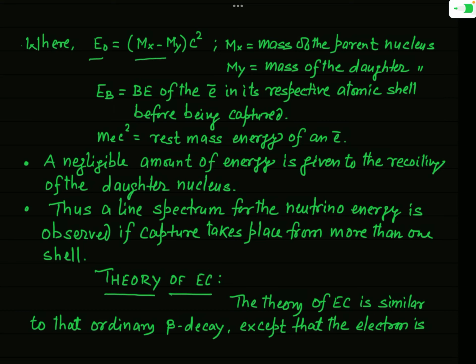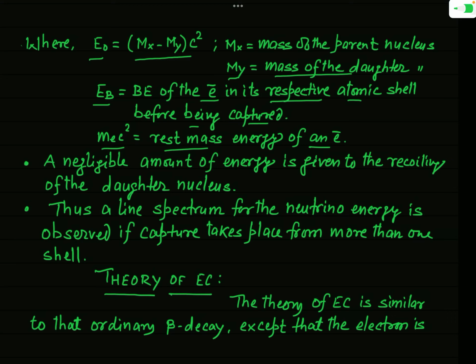This is (m_x minus m_y) times c square, where m_x is the mass of the parent nucleus and m_y is the mass of the daughter nucleus. So this E naught is the difference of the rest mass energy of the parent nucleus and the daughter nucleus. And as I have told you, this E_B is the binding energy of the electron in its respective atomic cell before being captured. And m_e c square, you know, is the rest mass energy of an electron.